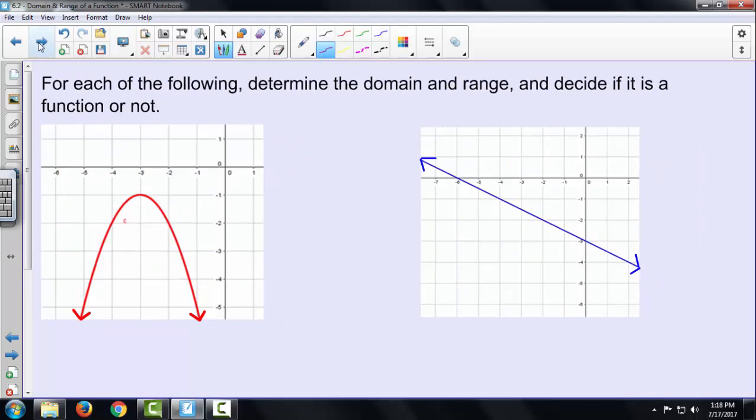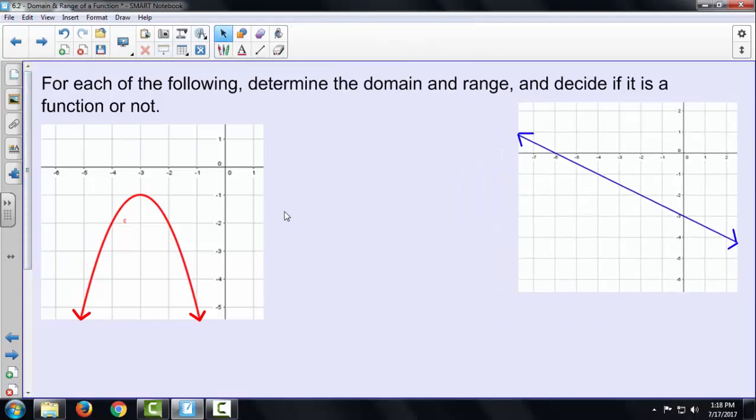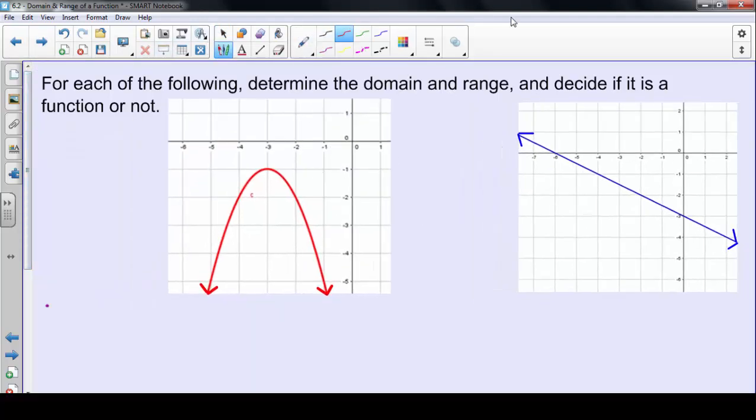Same ideas on these. So for this first one, we're going to determine domain and range, and then decide if it's a function. So notice this first one, the domain is our x's, and notice that it's very slowly widening up down here.